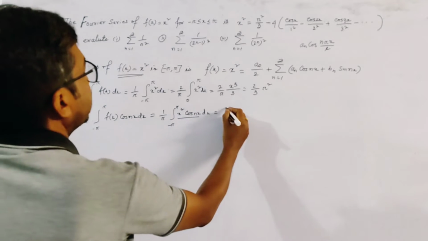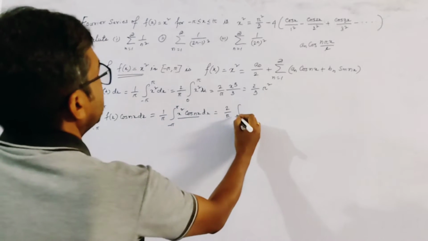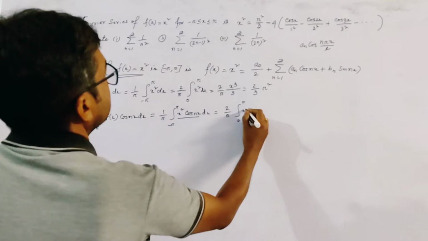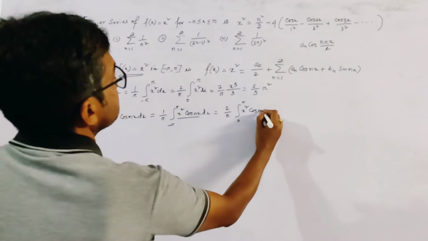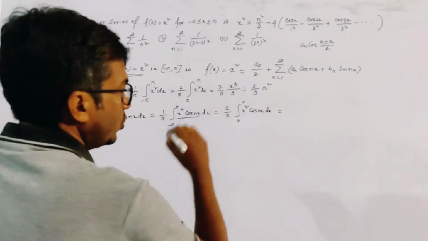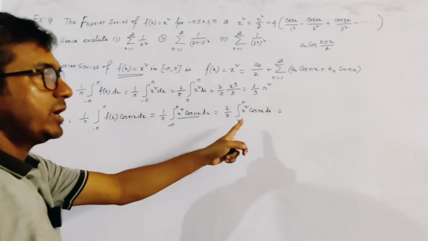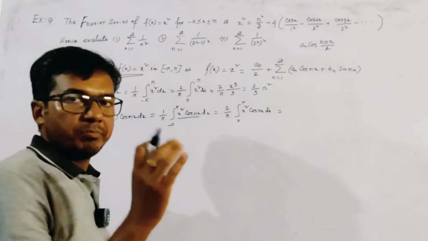So we also write here 2 by pi into integration 0 to pi x square cos nx dx. We integrate this by using integration by parts.